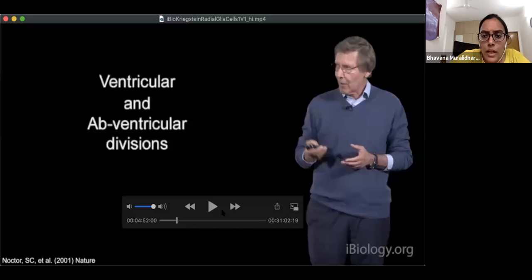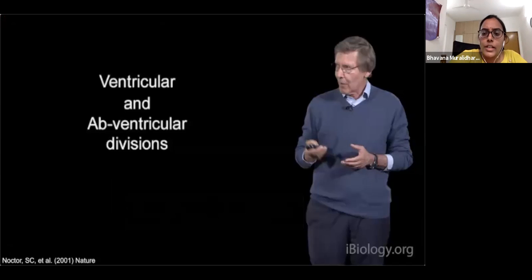And this video is from Arnold Kriegstein. And here I must say that some of these beautiful videos of how these apical radial glia and the basal intermediate progenitors divide, in fact, his lab has been instrumental in identifying the plane of division, and the existence of basal progenitors and outer radial glia, both in mouse and humans.